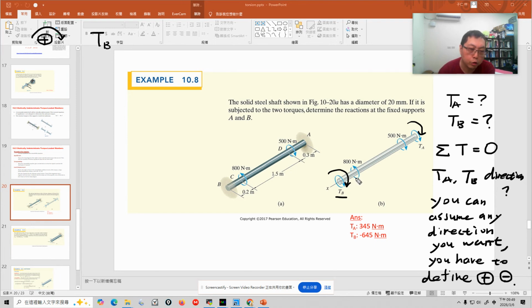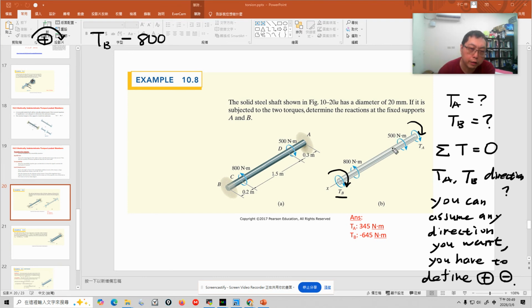Next, the torque of 800 newton meters. Its direction is opposite to TB, and since I define this way as positive, the sign of this 800 torque is negative, so it is minus 800.